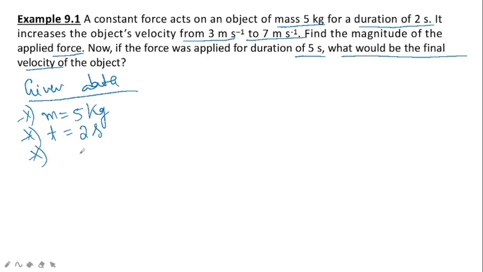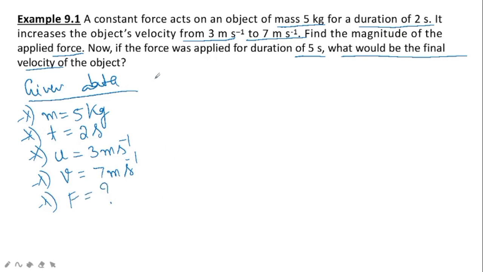It indicates the initial velocity, u, equal to 3 meter per second. What does "to" indicate? It indicates v, the final velocity, which is 7 meter per second. Then we have to find the applied force, F equal to question mark.